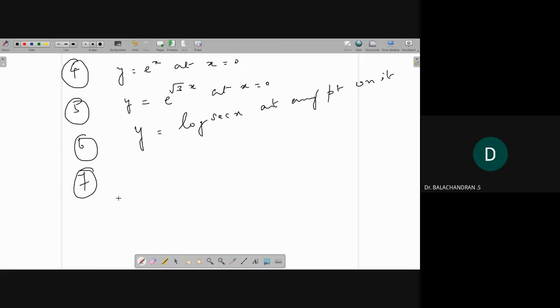Show that the curves y equal to c cosh(x/c), the hyperbolic cosine of x by c, and x square equal to 2c(y minus c) have the same curvature.